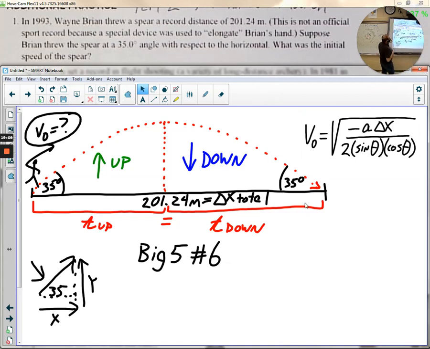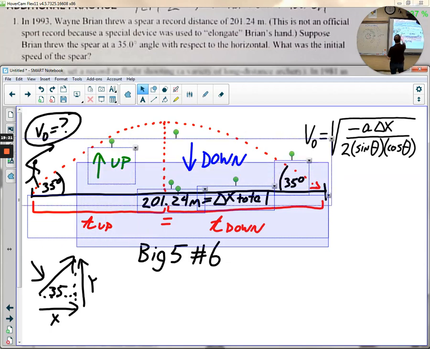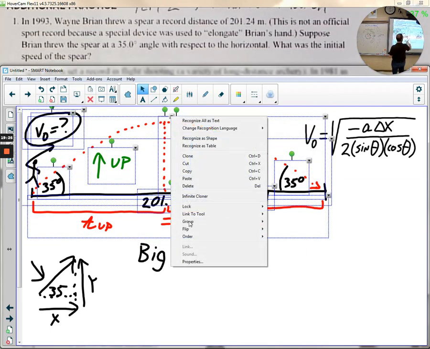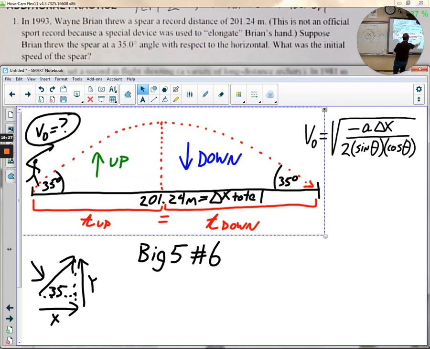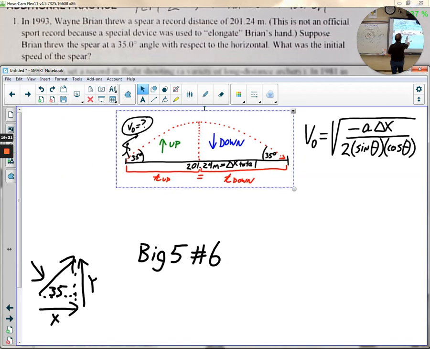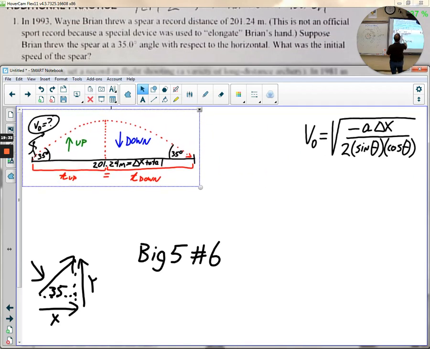Then let's take what we know and what we're given here and plug it into this thing.